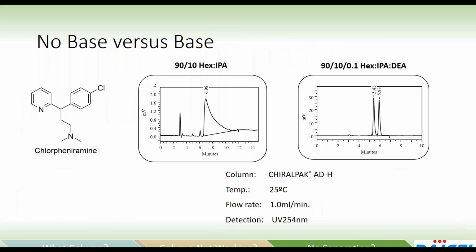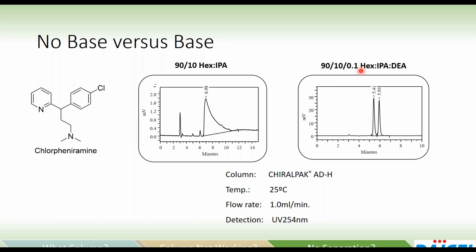I mentioned wrong additives. In this case, this is no additive versus additive. This separation is of a basic molecule, chlorpheniramine, which has both the pyridine and this tertiary amine moiety. If you were to try to do the separation on AD-H with hexane IPA 90-10 conditions with no base, you'd see one large peak that tails quite substantially.